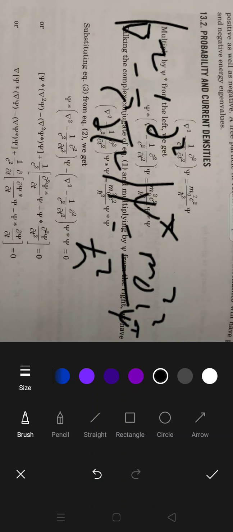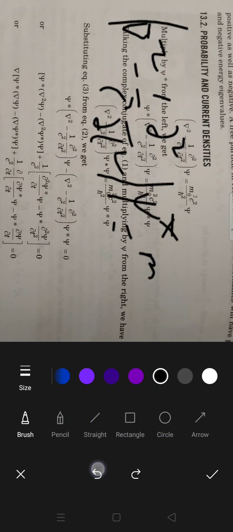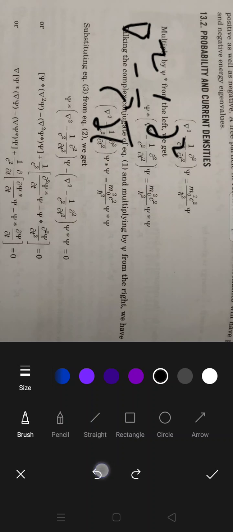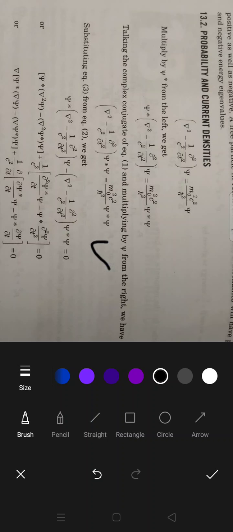Now multiply by psi from the right side, then subtract this equation 3, and you get the equation like this. This is not a multiply, this is the psi star.